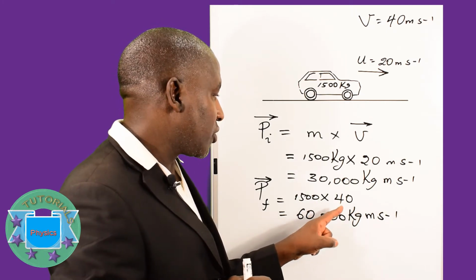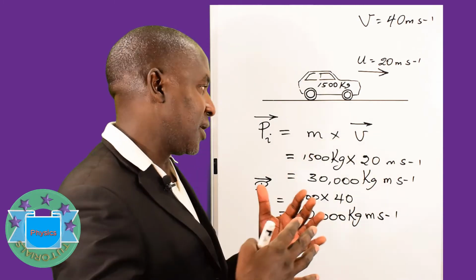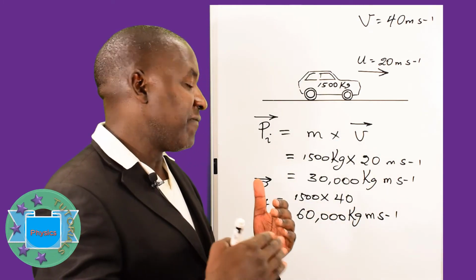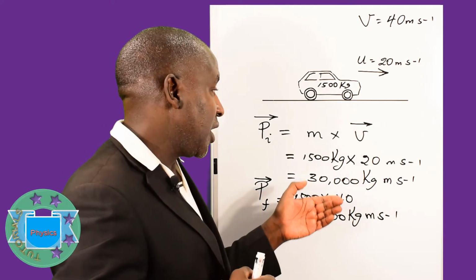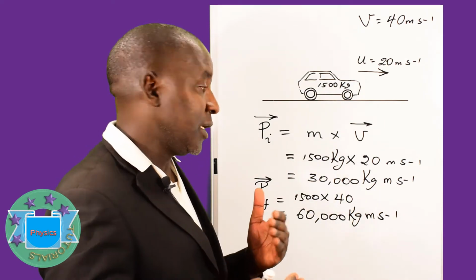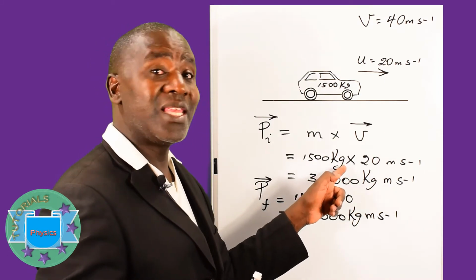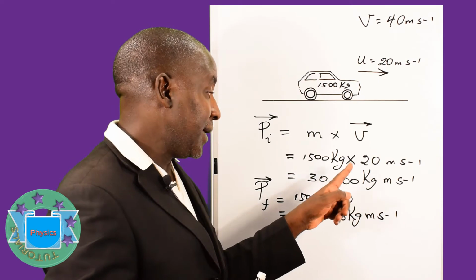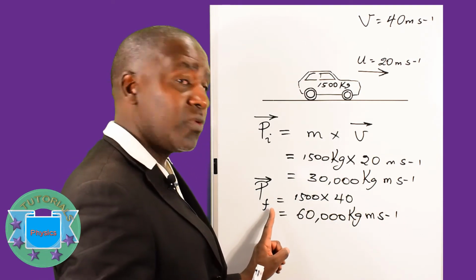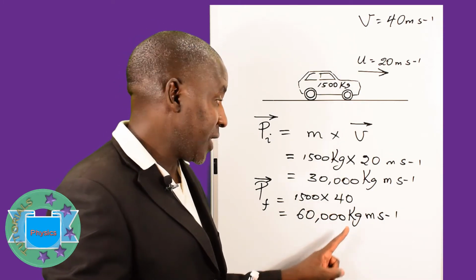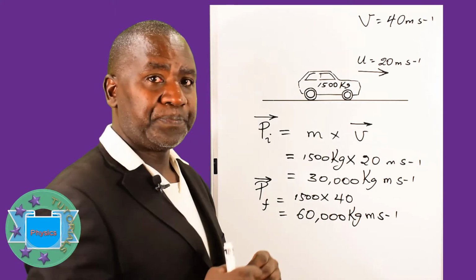You've got the option of either including the units when you are substituting. If it's a very simple equation, you can do that. But when the equation becomes too complicated, don't bother with substituting into the equation with the units. Don't do that unless your intention is to derive the units of that physical quantity which you are calculating. Don't do that, because it can make your calculation very complicated.